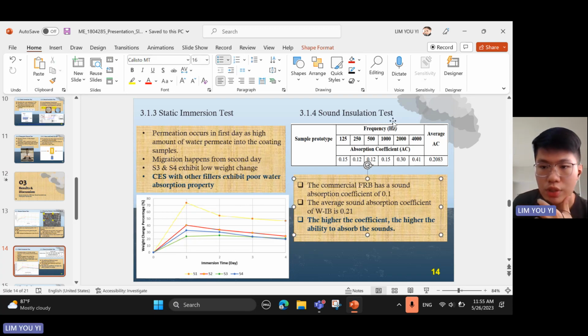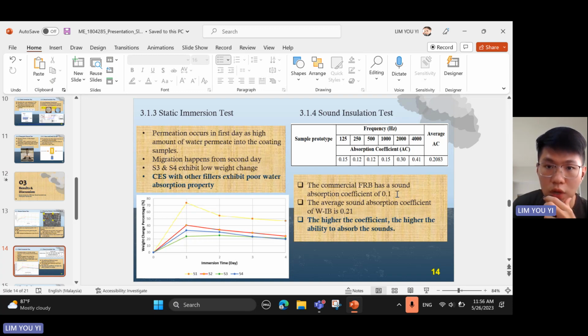Besides, sound insulation tests allow us to determine the sound absorption coefficient of the WIB. Other researchers stated that the commercial gypsum board in the market has a sound absorption coefficient of 0.1. Therefore, one of our targets in this research is to make the WIB achieve a higher sound absorption coefficient, which is more than 0.1.